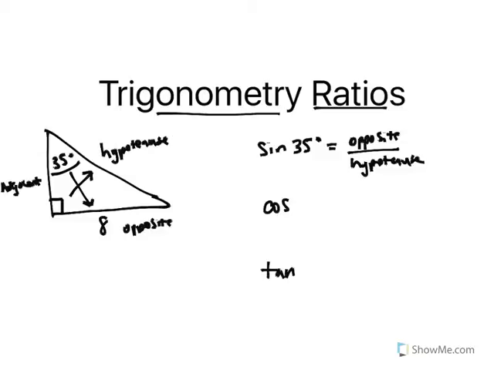In cosine, if we are given the adjacent side now, and the reference angle, we can find the hypotenuse.